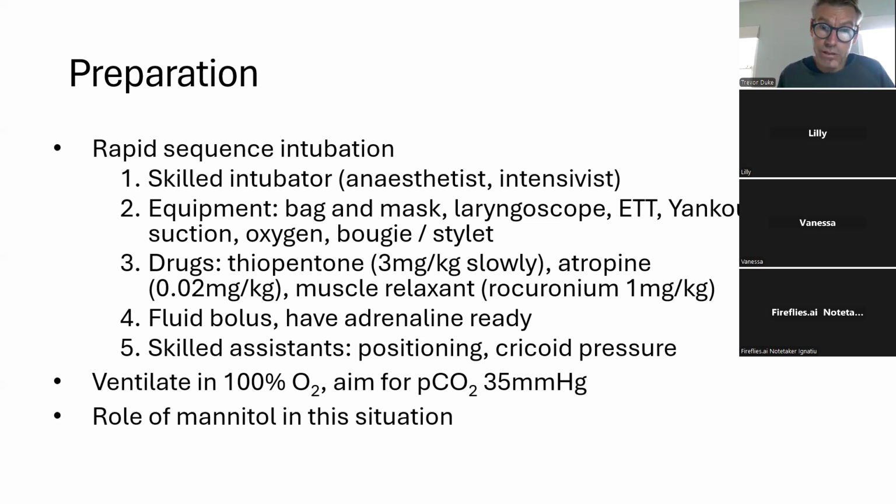You need the right equipment, so a bag and mask, the right size laryngoscope, the right size endotracheal tube. Ideally, you need a Yankauer sucker, which is a hard suction catheter, not a flexible one. It's okay if that's all you've got, but there are plastic catheters called Yankauer suckers that are easier to use.